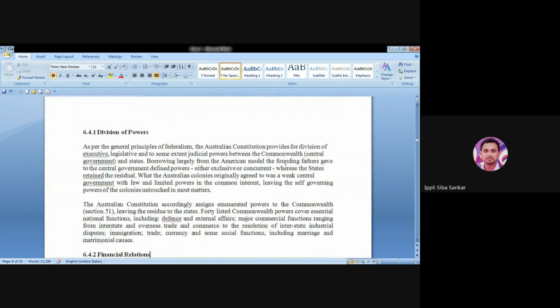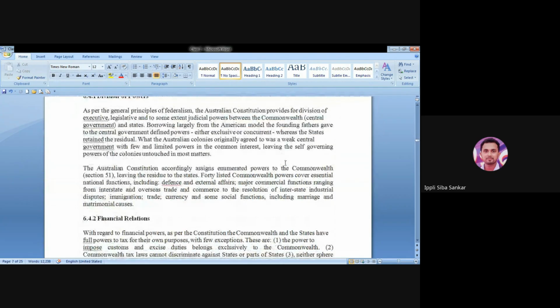Division of power. As per the general principles of federalism, the Australian Constitution provides the division of executive, legislative, and to some extent judicial power between the Commonwealth, the central government, and the states, largely from the American model. The founding fathers gave the central government defined powers, either exclusive or concurrent, whereas the states retained the residual power.